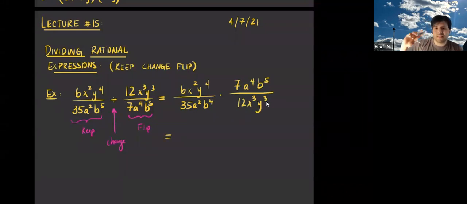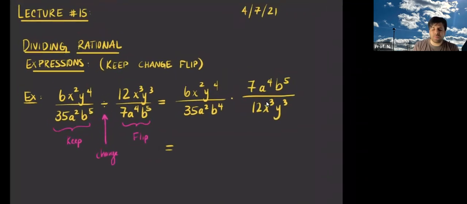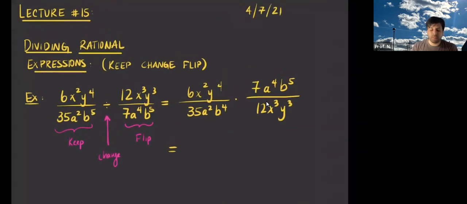It's just that we flip the second fraction. And then from here, it's just multiplication. We've done this already. Like I mentioned before, multiplying and dividing rational expressions is actually the easier of the operations compared with addition and subtraction, which we'll see a little bit further down the line.